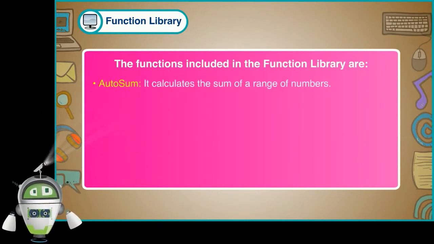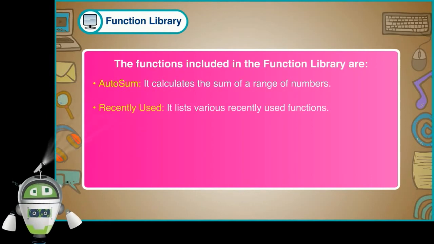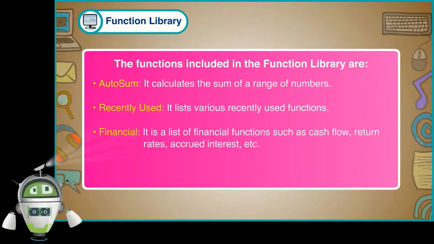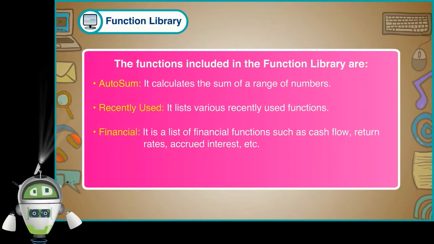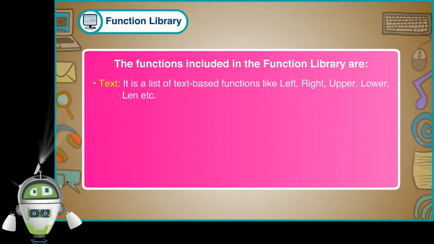The functions included in the Function Library are AutoSum. It calculates the sum of a range of numbers. Recently Used. It lists various recently used functions. Financial. It is a list of financial functions such as cash flow, return rates, accrued interest, etc. Logical. It is a list of logical functions like AND, OR, etc. Text.